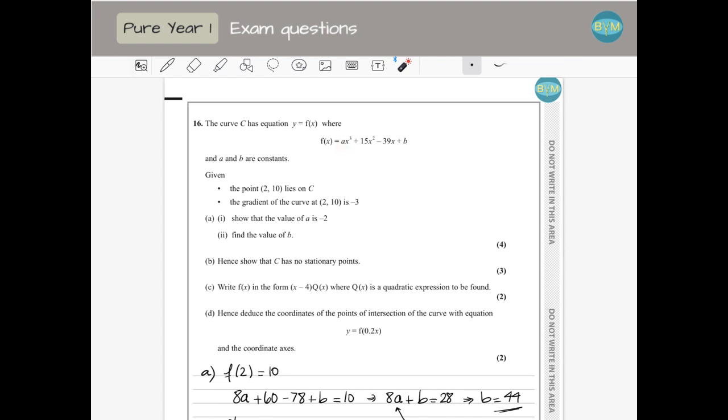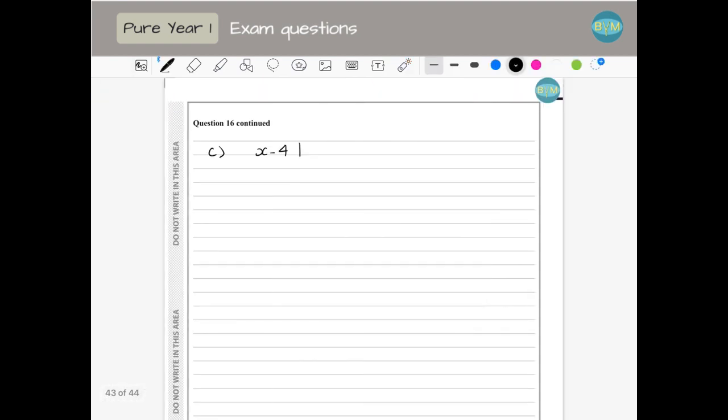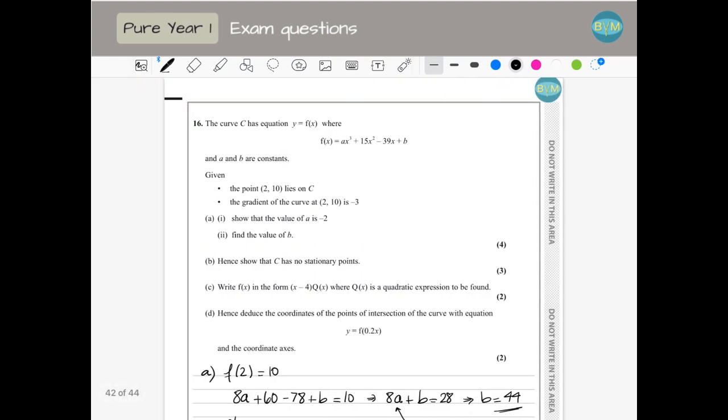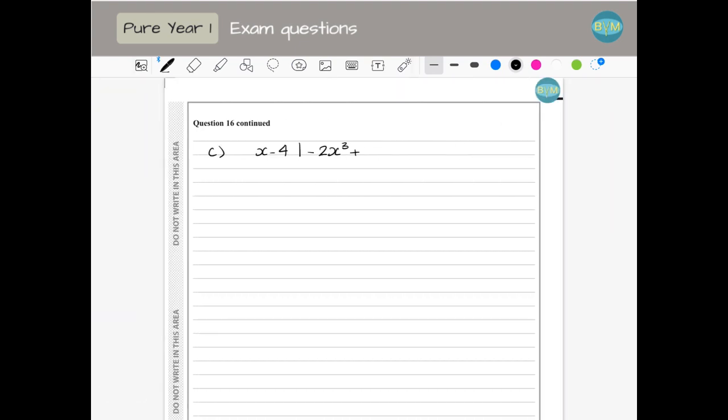So a was minus 2, so minus 2x cubed plus 15x squared minus 39x, and then plus b, and b was 44. I'm going to divide this, and I'm sure I'm going to get remainder 0.